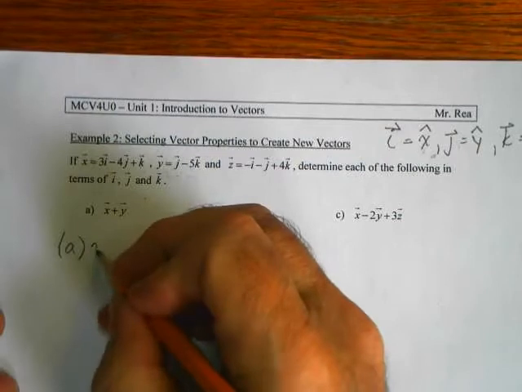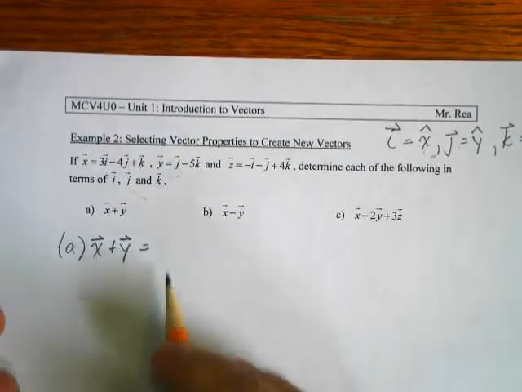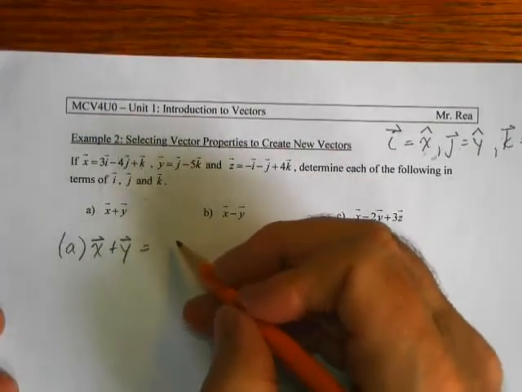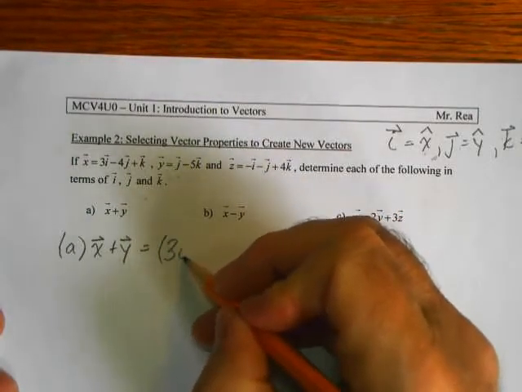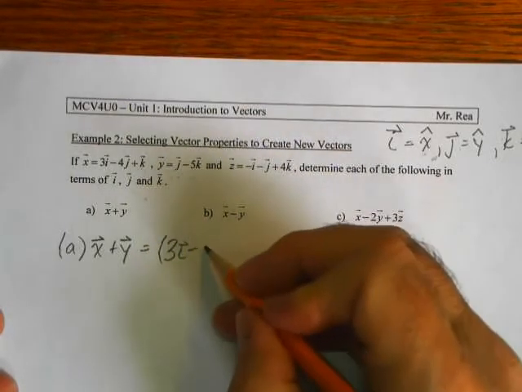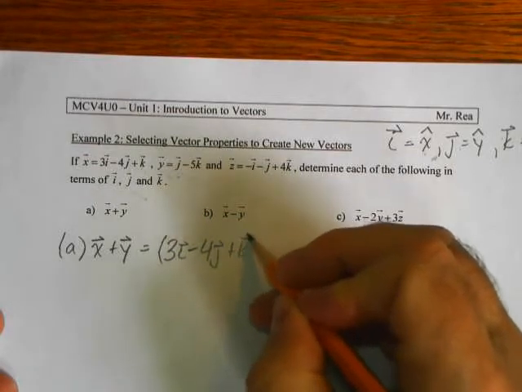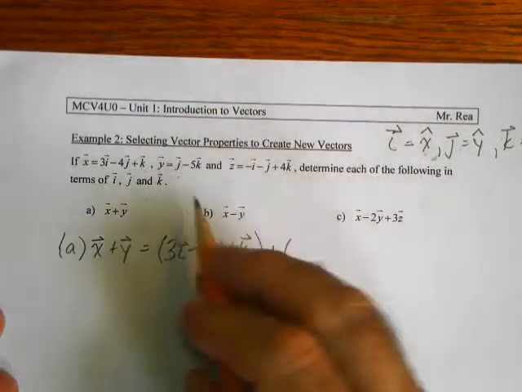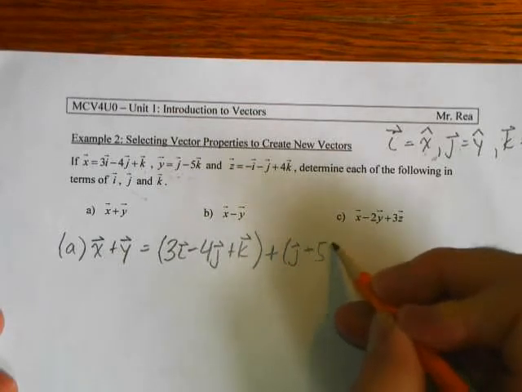Okay, so I'm going to have to create a bit more room for these. So I got vector x plus vector y. So all I'm going to do is just write what x is equal to. So I've got, I'll put them in brackets to keep it more readable. So I got 3i minus 4j plus k. And then I'm adding y, which is vector j minus 5 times vector k.